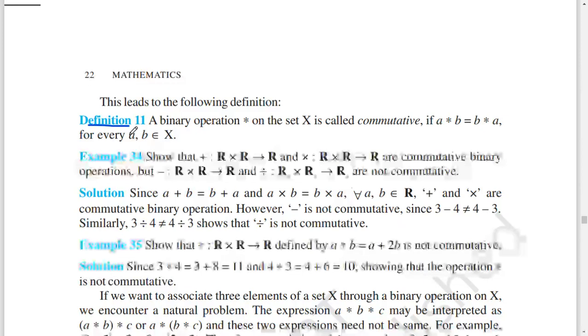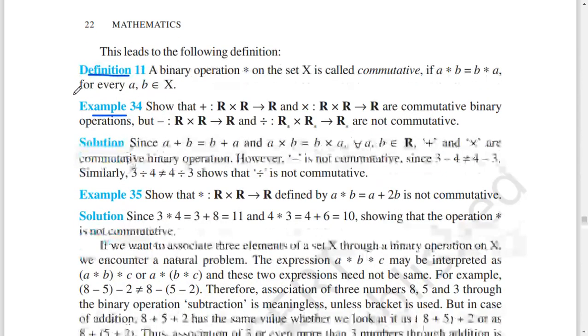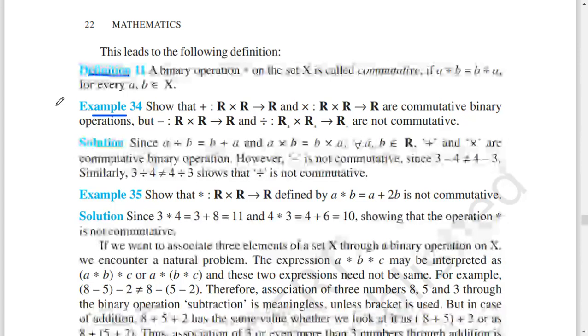Example 34. Show that + : R × R → R and × : R × R → R are commutative binary operations, but − : R × R → R and ÷ : R × R → R are not commutative.